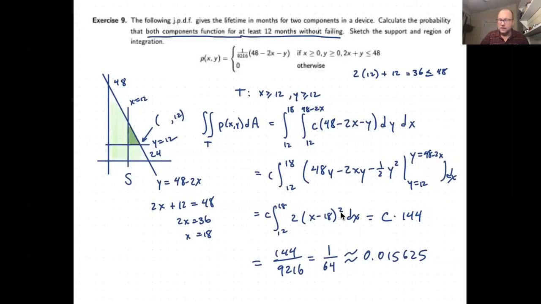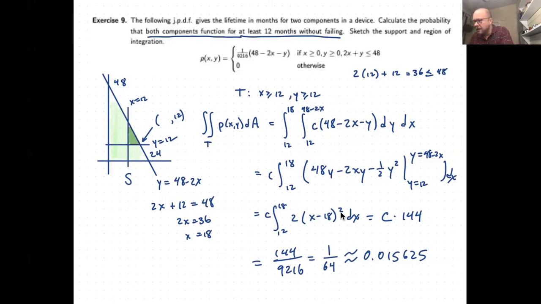It would be nice if I could pause while showing that screen, but I haven't figured that trick out yet. So anyway, we end up with 1/64, which is about 1.5%. So the event that we're talking about here is relatively rare.